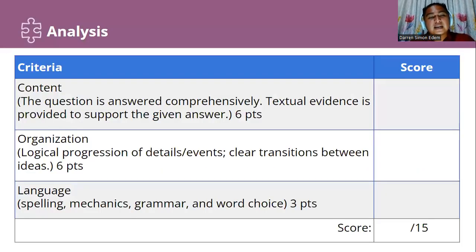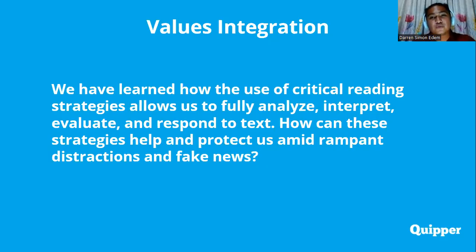Now, in doing so, let us now talk about the values of this lesson. We have learned how the use of critical reading strategies allows us to fully analyze, interpret, evaluate, and respond to text. How can these strategies help and protect us amid rampant distractions and fake news? We know that these days, when we say that fake news is an epidemic, is an understatement.